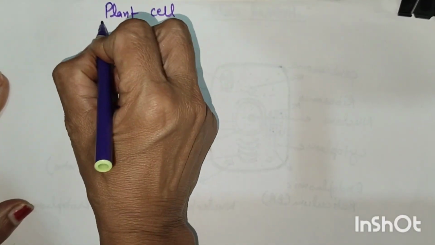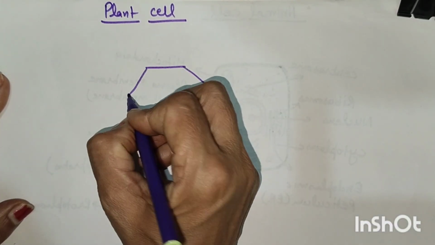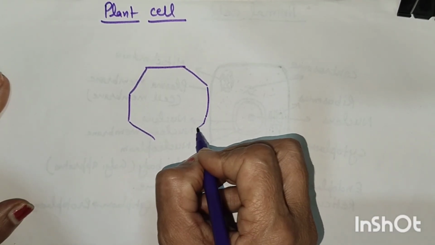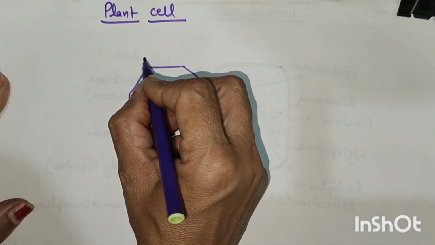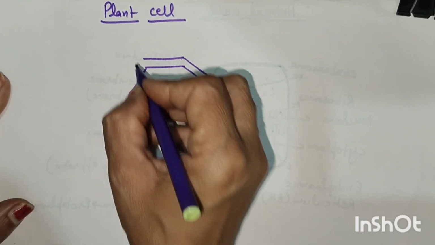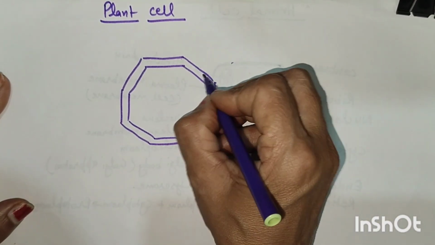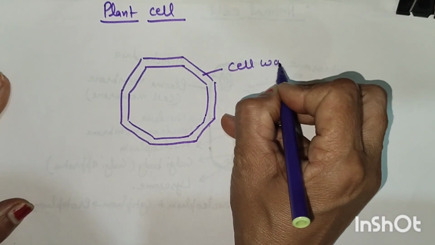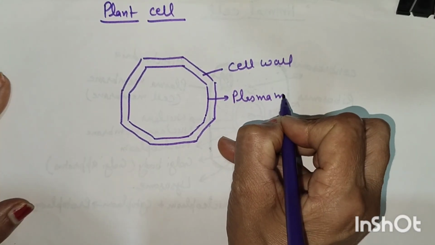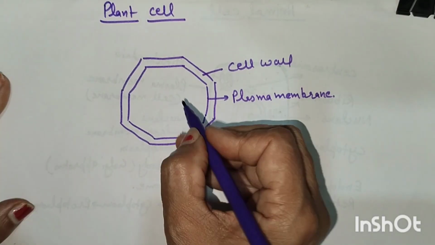Structure of a plant cell. The plant cell is bounded by a hard outer membrane that is called the cell wall. The inner membrane is called the plasma membrane.